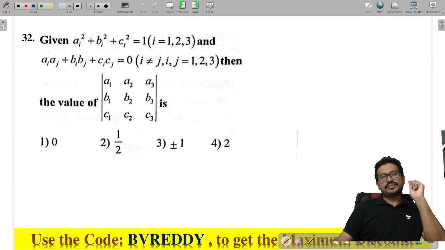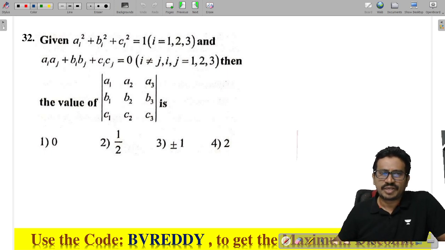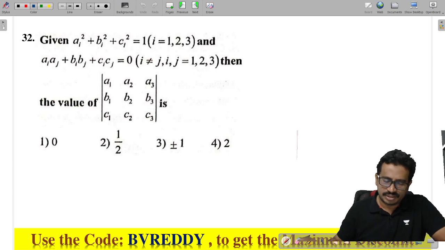See this here. They gave the condition ai square plus bi square plus ci square equals 1, and ai aj plus bi bj plus ci cj equals 0 when i is not equal to j.